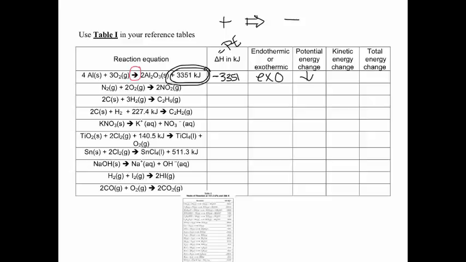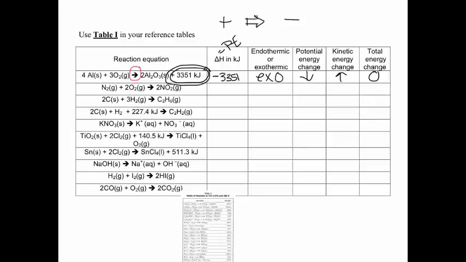Our kinetic energy, however, must have gone up in response because our total energy change is always zero. Remember, we can't create or destroy energy. It can change forms. In this case, it changed from potential to kinetic energy. Those molecules are now moving faster because they're warmer.